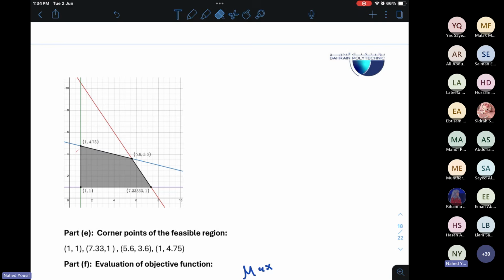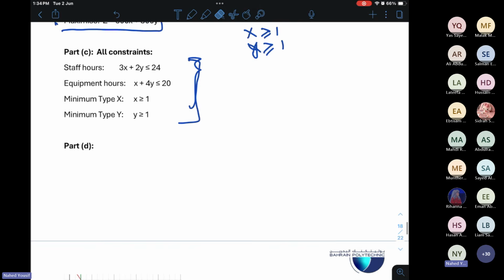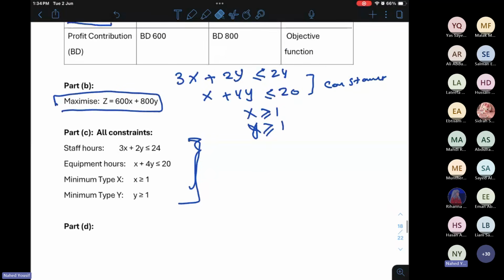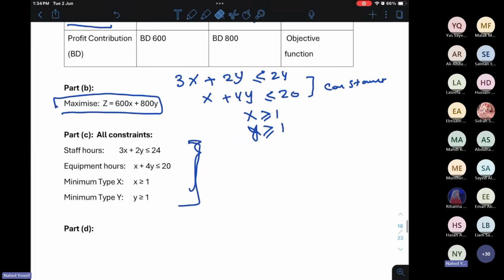How to graph, you know how to graph. I already explained it in the first part, in the multiple choice, where I showed you how to solve inequalities. Any question regarding this part, or is it clear? There is also some practice in your PowerPoint.